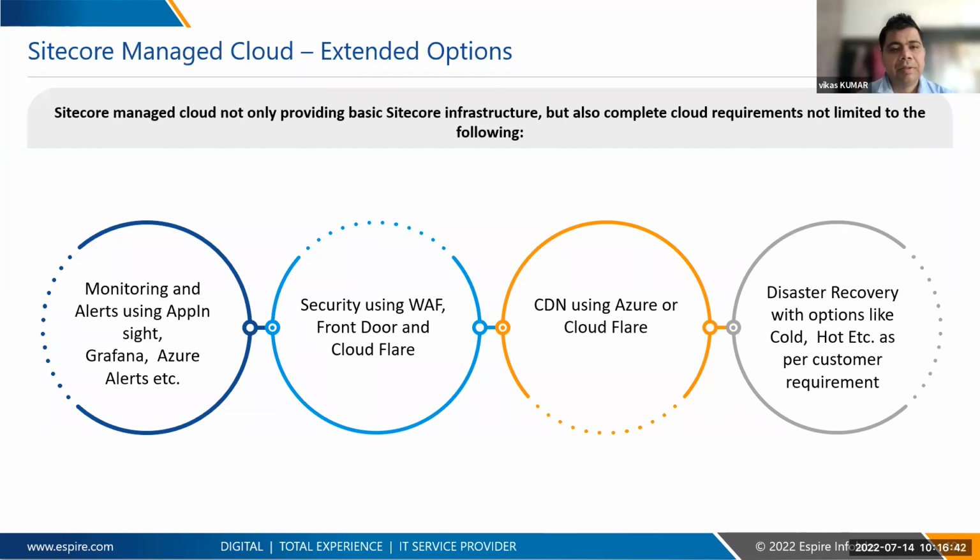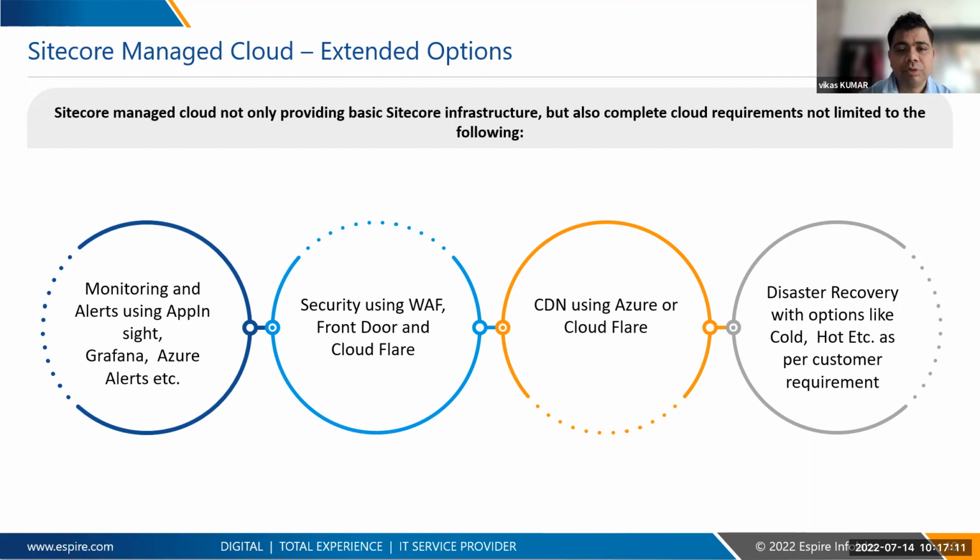Right. And some other extended options, as we mentioned earlier as well, it's not the basic Sitecore infrastructure, it's the complete solution about how you will monitor your infrastructure assets, or monitor your application. So they configure the app inside Grafana and Azure Alert. So many things that we will discuss at a later part.